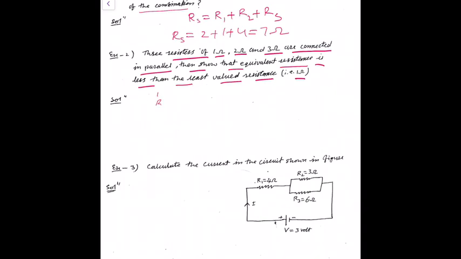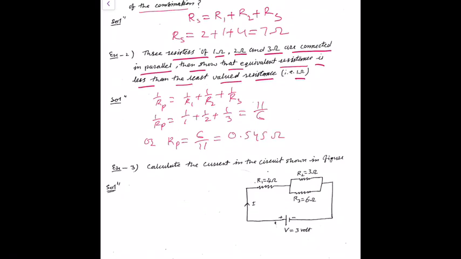Solution: using 1 upon Rp is equal to 1 upon R1 plus 1 upon R2 plus 1 upon R3, we get 1 upon Rp is equal to 1 upon 1 plus 1 upon 2 plus 1 upon 3. After calculation we get 11 upon 6, or Rp is equal to 6 upon 11 is equal to 0.545 ohm. It is less than 1 ohm.